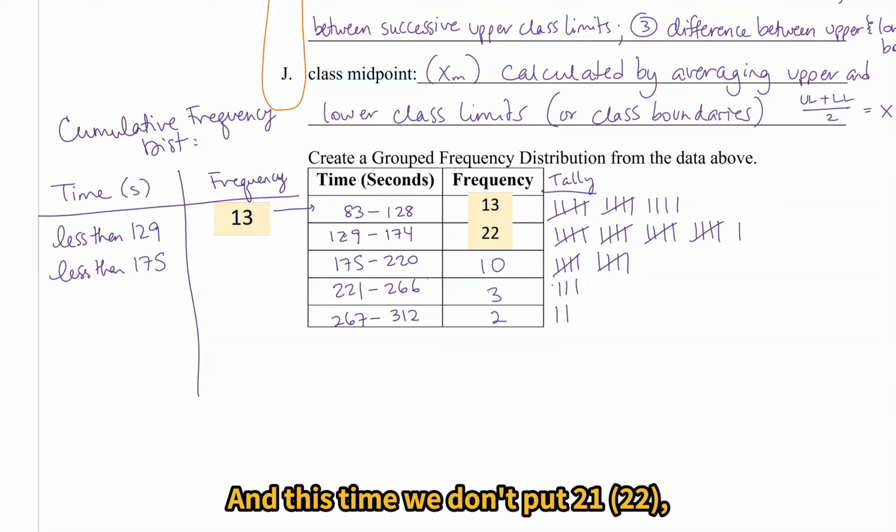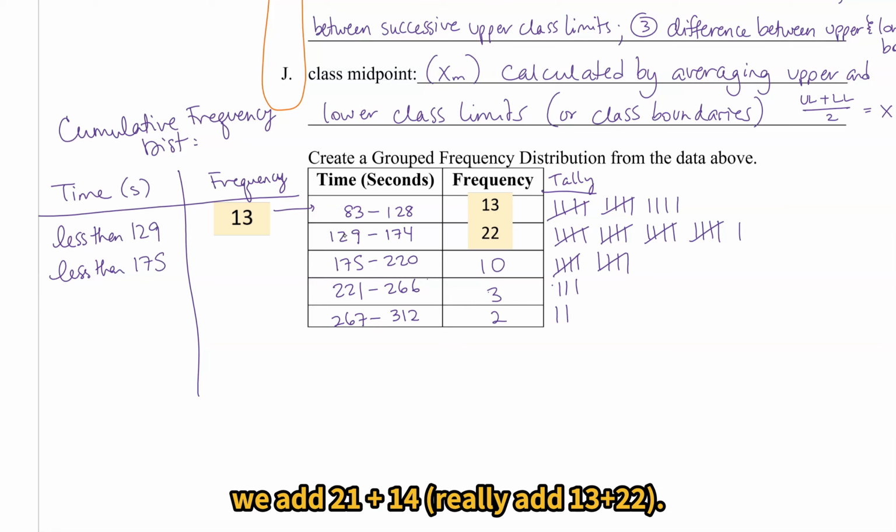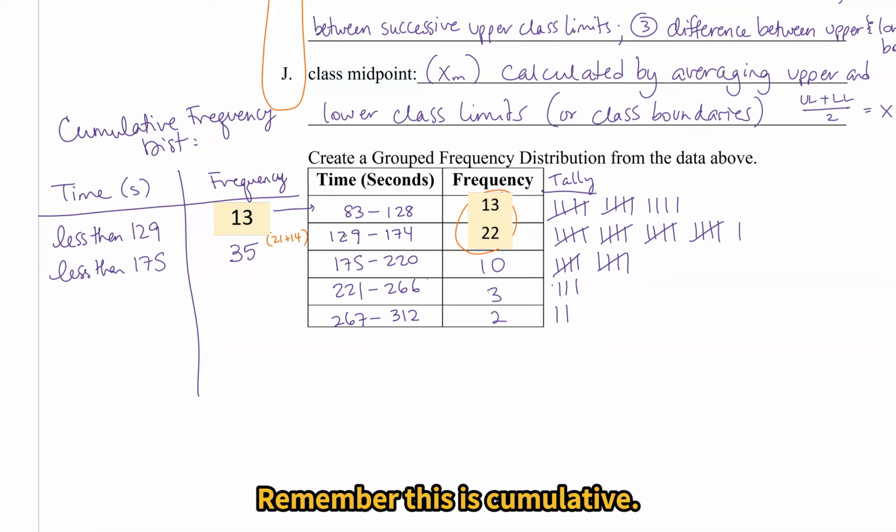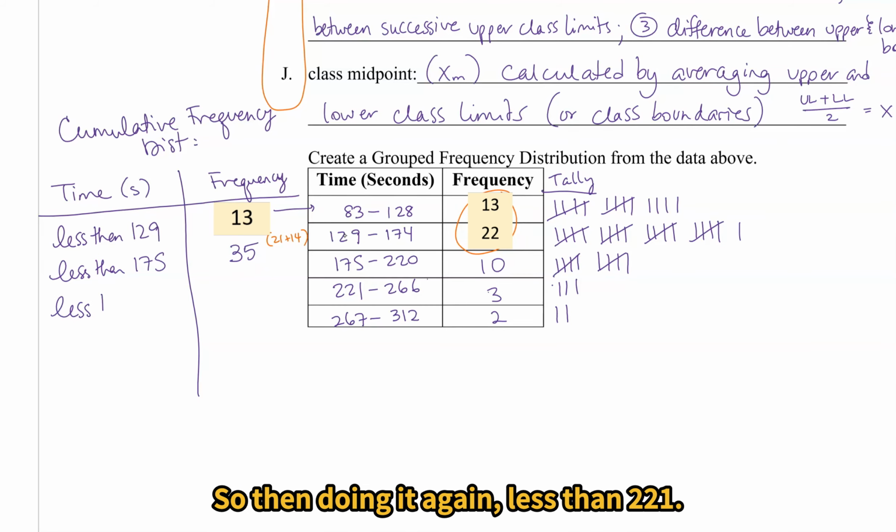And this time we don't put 21, we add 21 plus 14. So this is coming from the 2 classes that are below 175. Remember, this is cumulative, so we're adding our previous value to the current value. So then doing it again, less than 221.